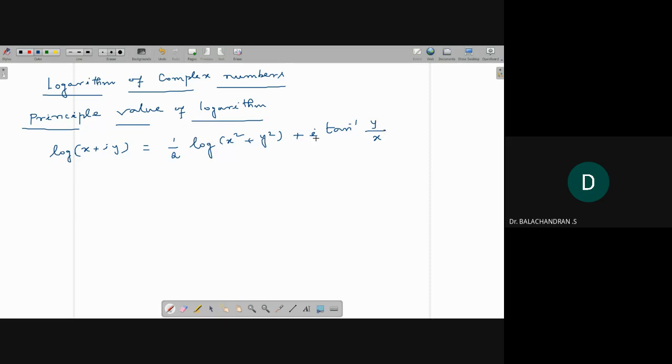So this is the principal value of logarithm of a complex number x plus iy. Or you can write log of root of x square plus y square plus i tan inverse of y by x, because of this half. So general value of logarithm.